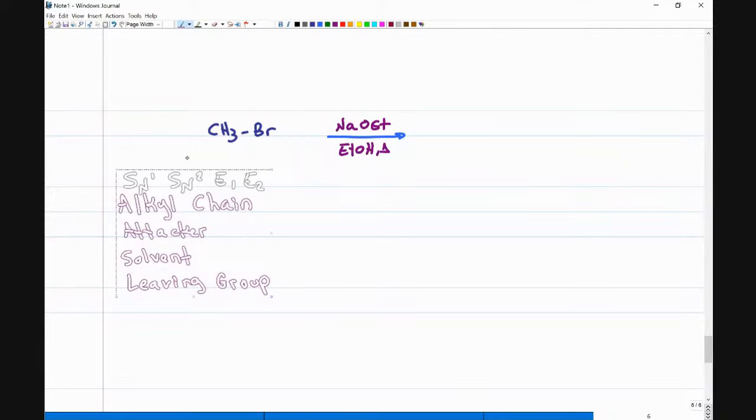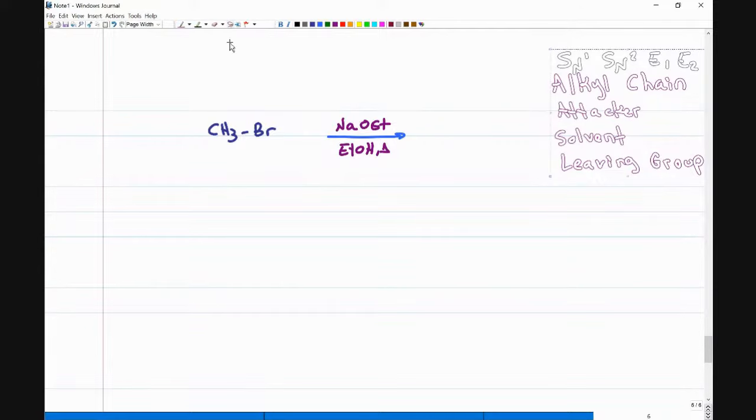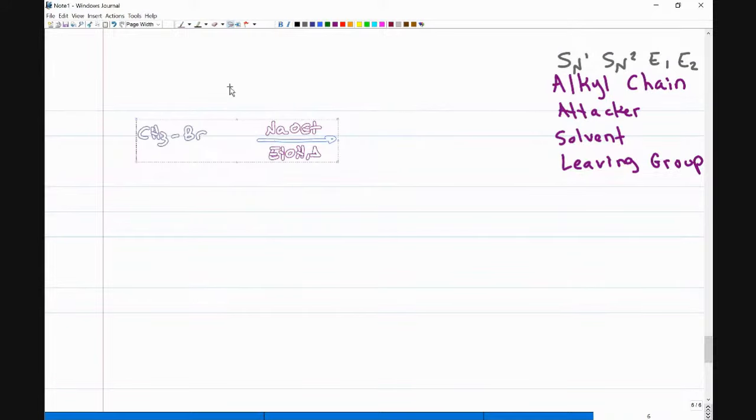So this reaction, you'll probably recognize it from the last video, but I'm going to include it again. If I have a CH3Br and I react it with, let's go with NaOEt in EtOH and heat, here's the checklist. What do you think? Easy, medium, or hard? And what is your first instinct? SN1, SN2, E1, or E2?